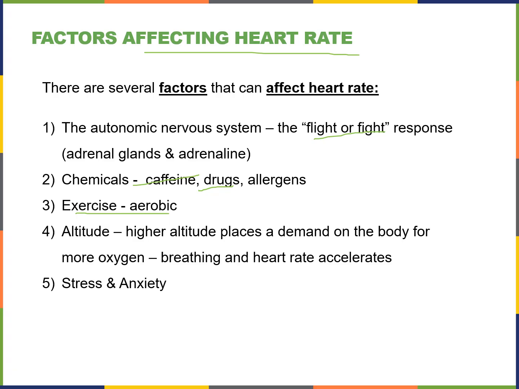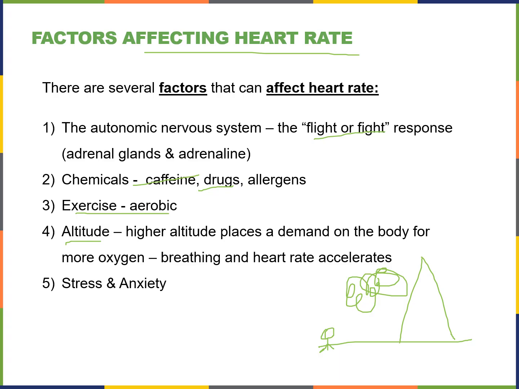but that also makes it more efficient at pumping the blood out. And altitude also affects our respiratory system as well as the cardiovascular system, because as we go higher up, if you live in a mountainous area, for example, we tend to assume that we're at sea level here. But if you're living in a mountainous region, there is less O2 in the atmosphere. And so one of the accommodations is that you tend to have more red blood cells per drop of blood compared to somebody who is living at sea level.